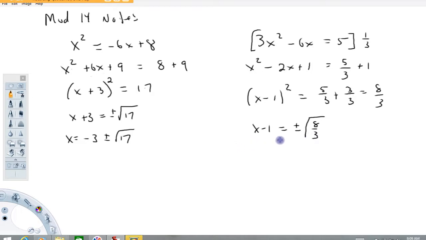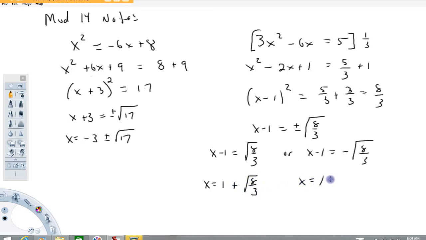So one possibility, I'll write it out this time, is that x minus 1 is equal to positive root 8 over 3, or x minus 1 is equal to minus root 8 over 3. Then we would just add 1 to both sides. So here x is going to equal 1 plus root 8 over 3, and here x is going to equal 1 minus root 8 over 3.